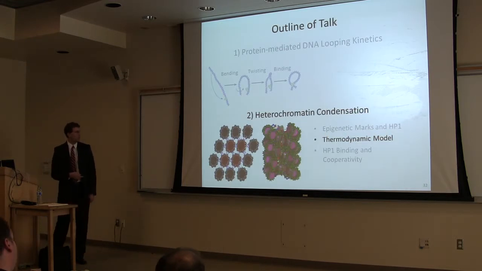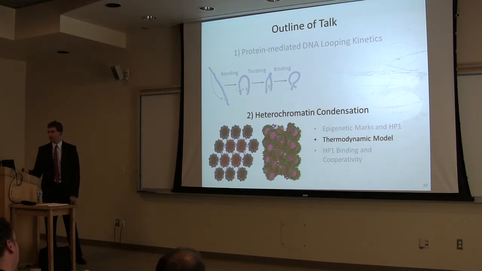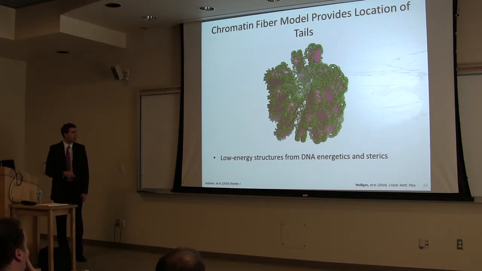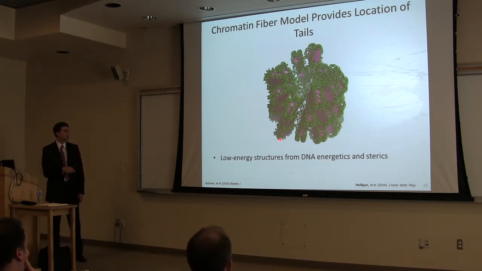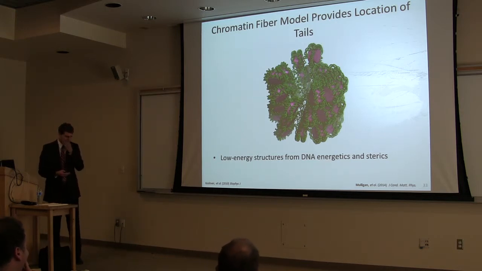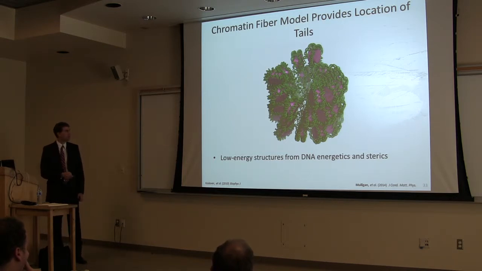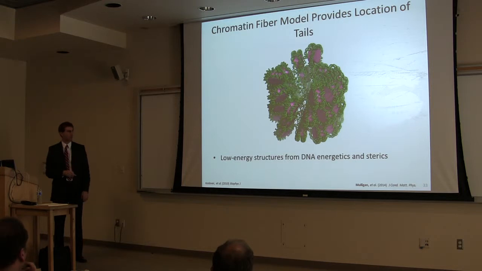Now I'm going to talk to you about our model for HP1 binding. We're going to start with low energy chromatin fiber structures. As I mentioned, the exact structure within the nucleus is not known, but we can look at a range of different structures. All this is based on work from someone else in my lab, Elena Koslover.